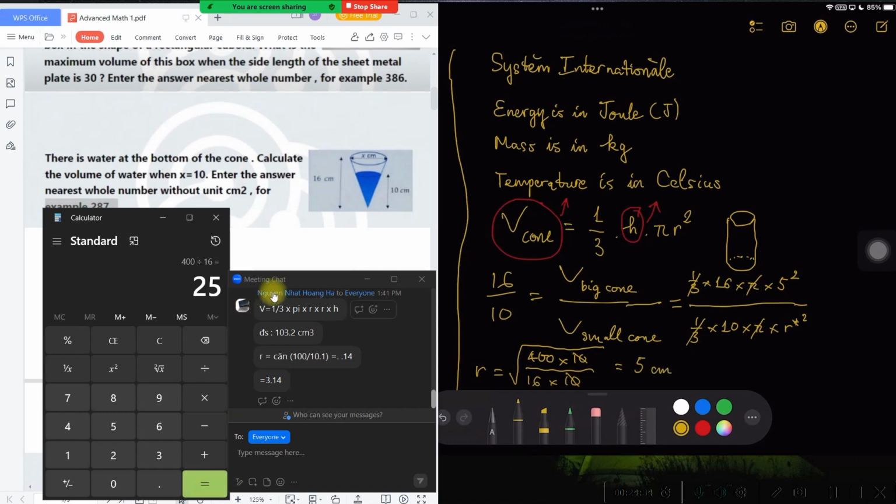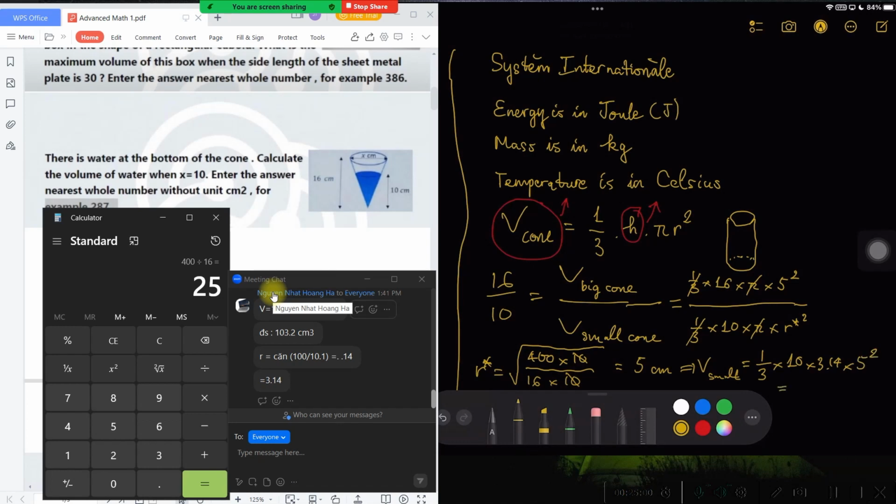We found the small r, the r of this small cone. This is the small r of the cone, right? So based on this one, you can find the v of the small cone, which actually equals 1/3 of height is 10, pi is 3.14, and this one is 5 squared.